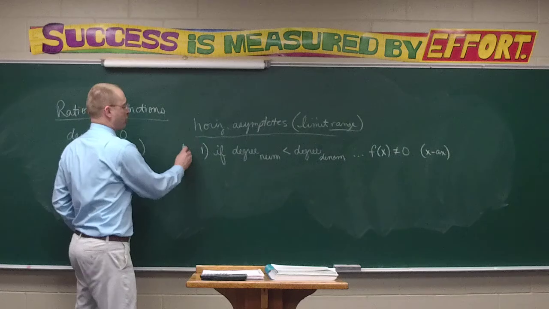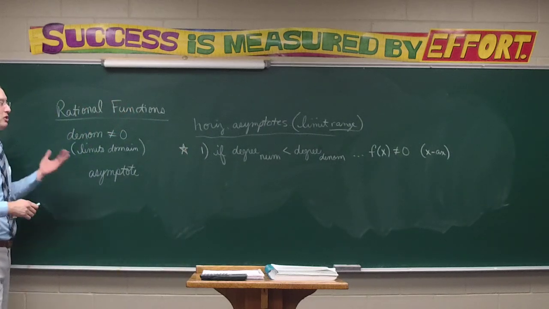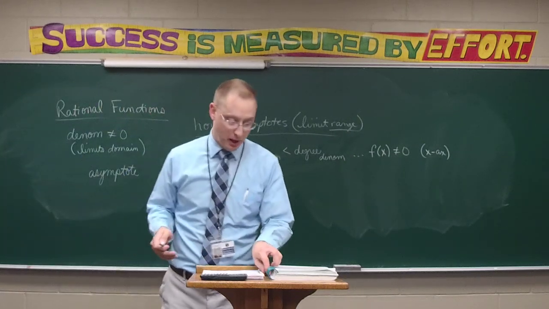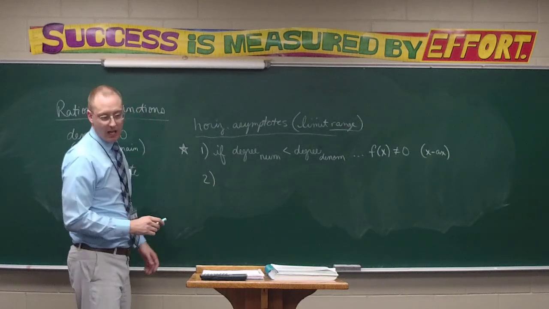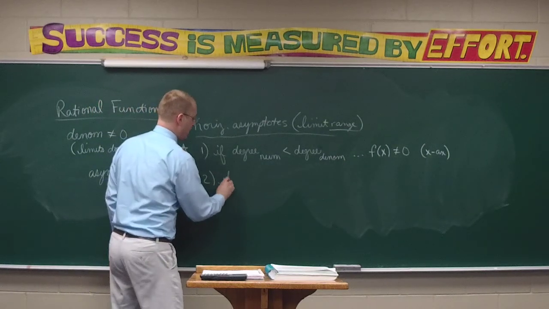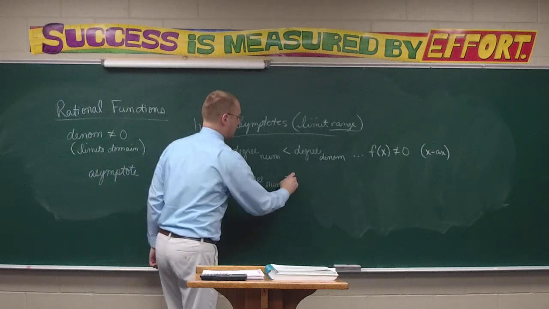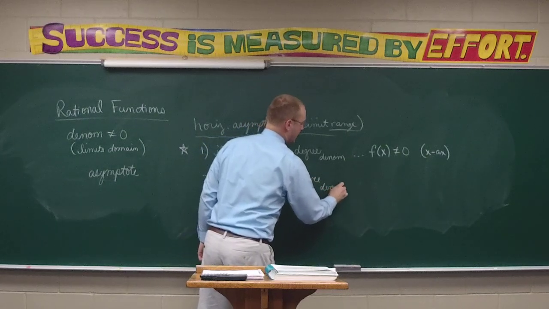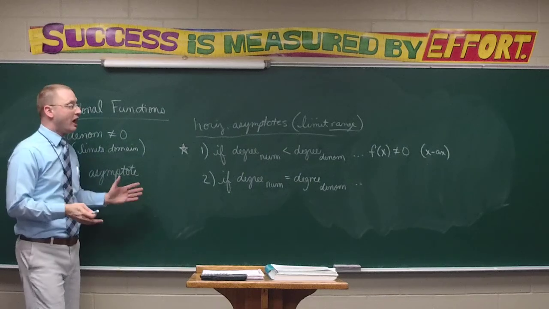This is going to be the most common thing that we will see, a higher power in the bottom than in the top. In fact, that's what we saw on many of these problems we just worked on page 217. Another thing that we will occasionally see is if the degree of the numerator equals the degree of the denominator. This is actually what we saw in the last section when we first talked about domain and range. They were always equal.